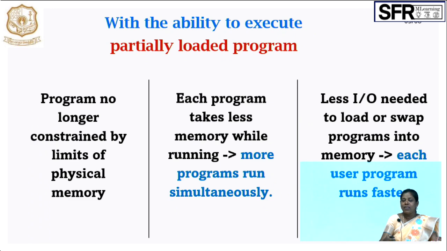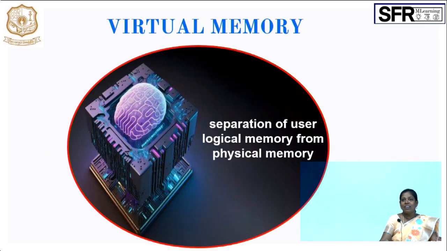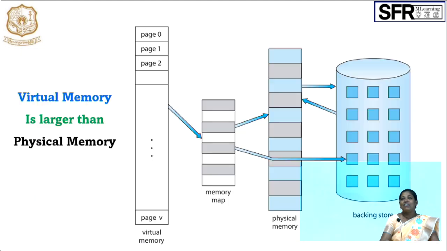It is a buzzword in computer science called virtual memory, a memory which separates the user logical memory from physical memory. The virtual memory concept allows the user to load the program partially into the main memory. So, see this diagram.